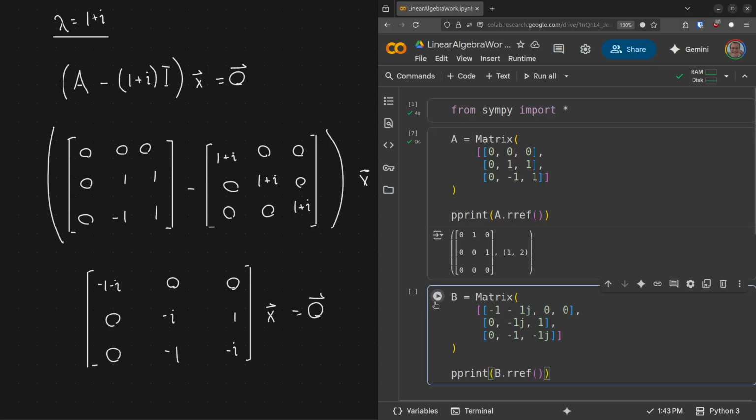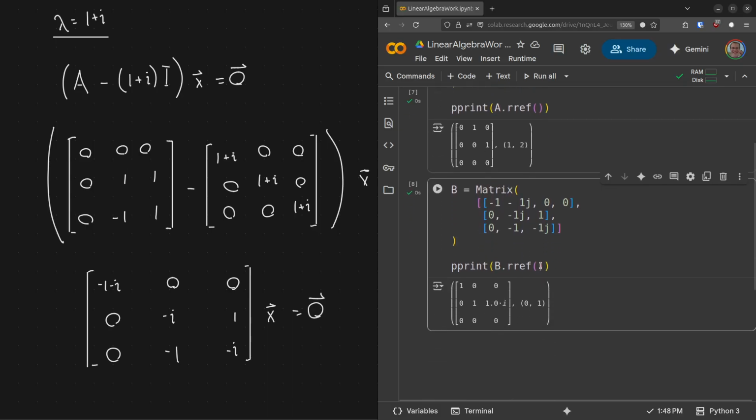There we go. If we run that, we have our matrix in reduced row echelon form: 1, 0, 0, 0, 1, and then 1 times the imaginary number I, so just I, and 0, 0, 0.